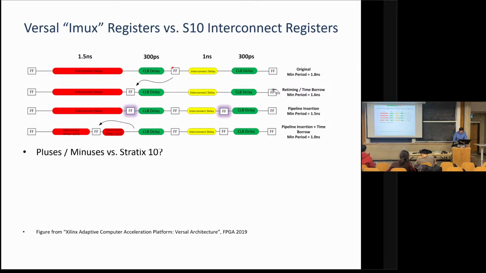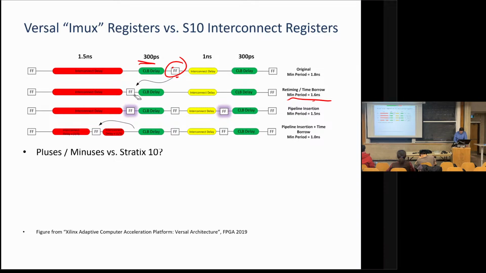So if they retime this by saying the registers that were on the output of the logic go to the input, well, they're saying the delay of the LUT and whatever's in the CLB was 300 picoseconds. So they were able to retime, and they get a somewhat better critical path. Okay, they get it down to 1.6 nanoseconds.